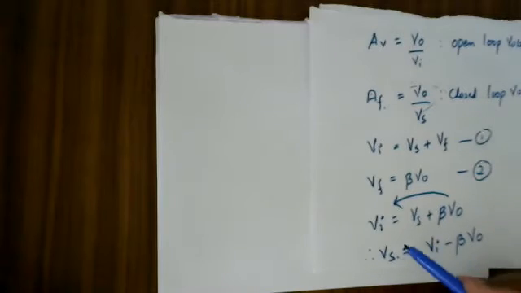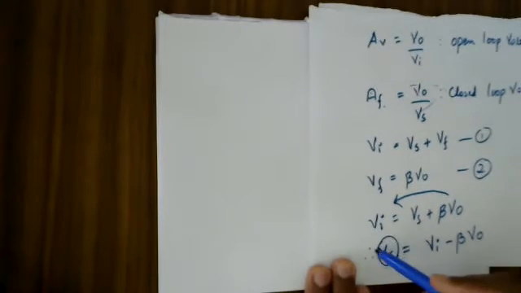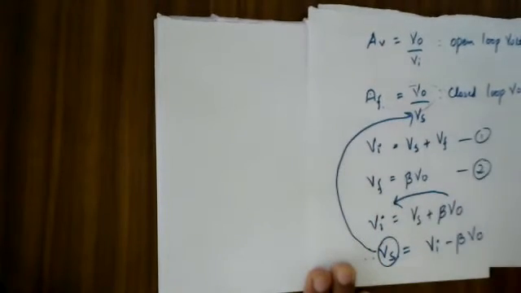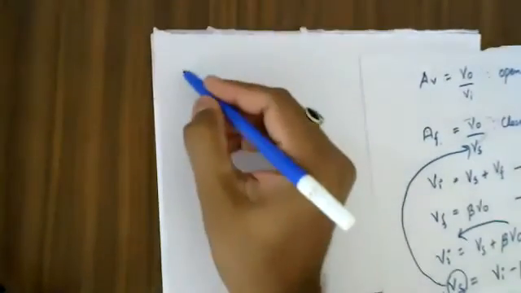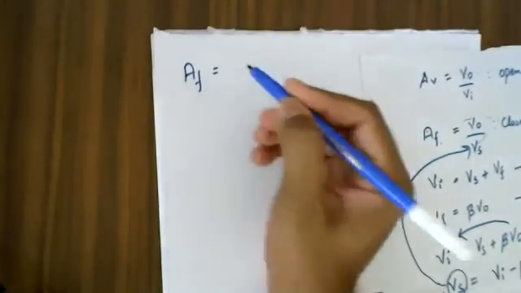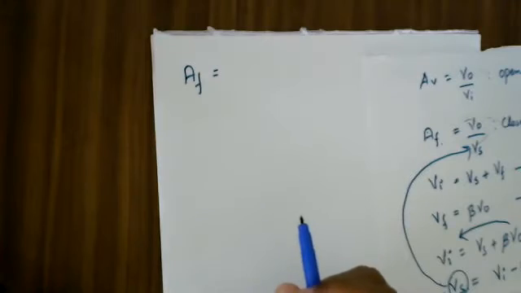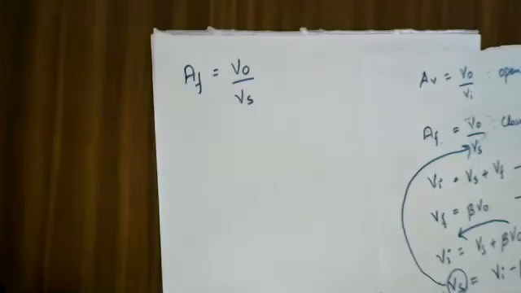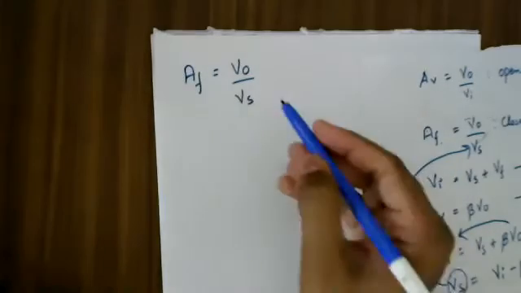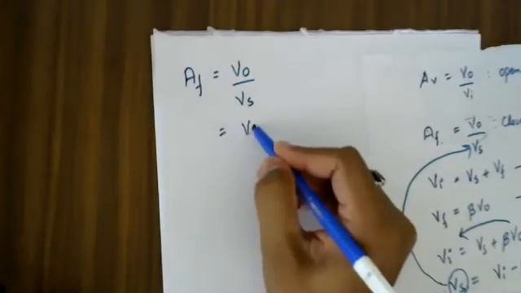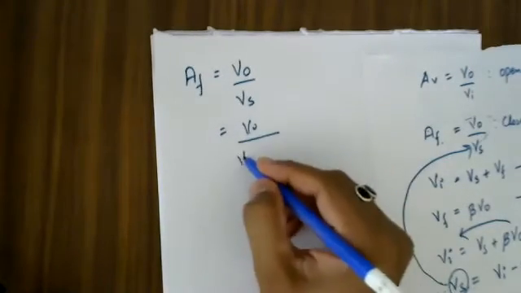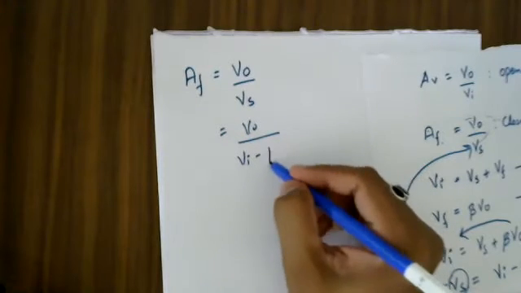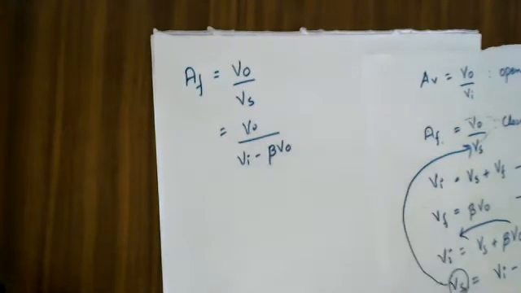So I'm just substituting the value of Vs into my AF expression. For your reference, I'll write it once again: AF is equal to V out divided by Vs, and this is equal to V out divided by Vi minus beta times V naught.